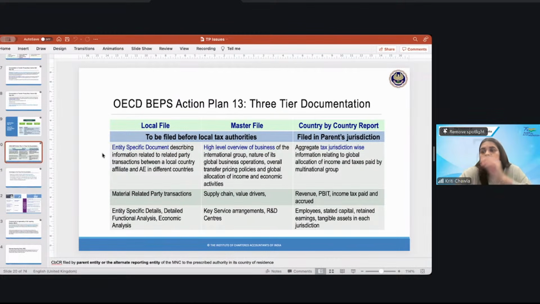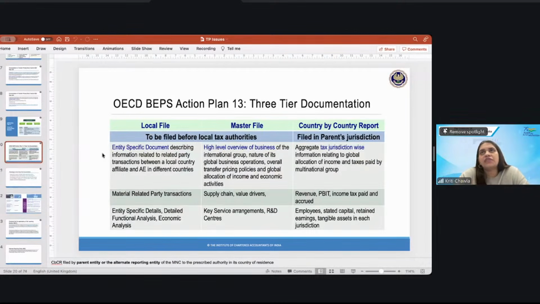So if India has entered into a transaction with Germany, there will be details on these kinds of transactions. If China has entered into a transaction with, let's say, the UK, these transaction specific details will have to be put in the local file. So whatever are these material related party transactions, they'll have to be put in the local file. And the local file will do an entire benchmarking analysis of all the details of those kinds of transactions.